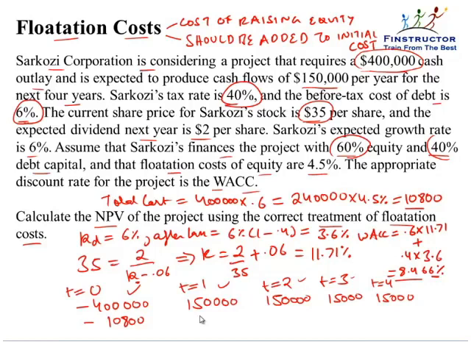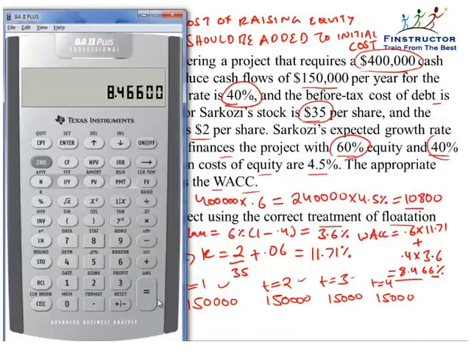So let's use the cash flow sheet of the calculator and calculate the NPV. So at t equal to 0, I have a negative cash flow of 400,000 plus 10,800, or a total negative cash flow of 410,800.